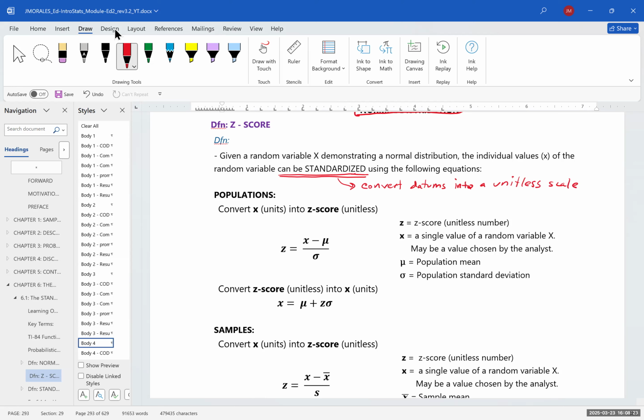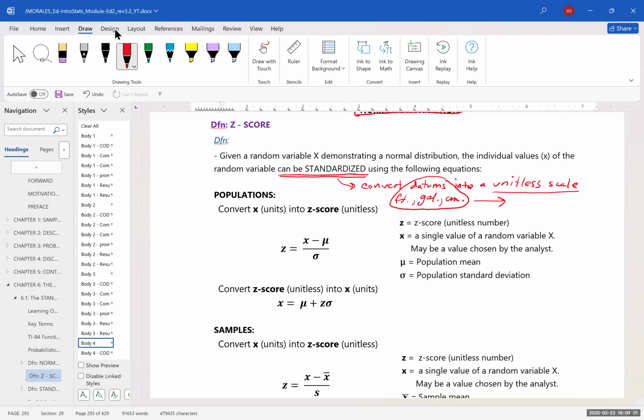So we're going to take datums that might have been formatted or not formatted, but may have been recorded or measured, for example, in feet or in gallons or in centimeters. And we're going to take datums that were formatted in this scale, and we're going to convert it into a unitless scale, something, a number that is not in feet, a number that is not in gallons or in centimeters. This was something that we talked about in chapter 2.